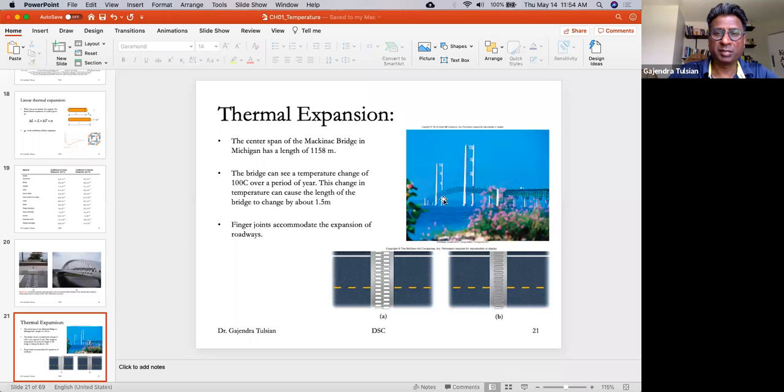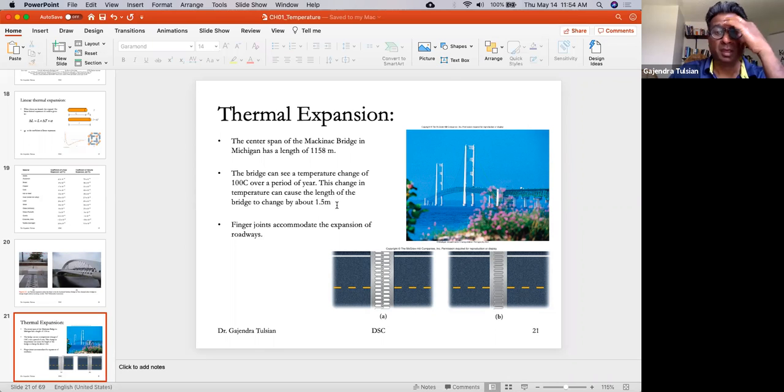When it sees that temperature change, the center span will expand by 1.5 meters.